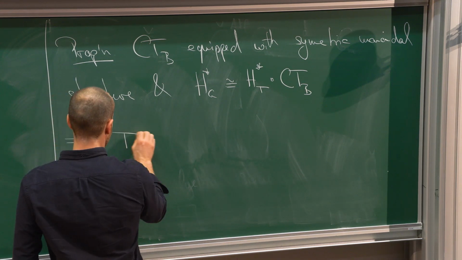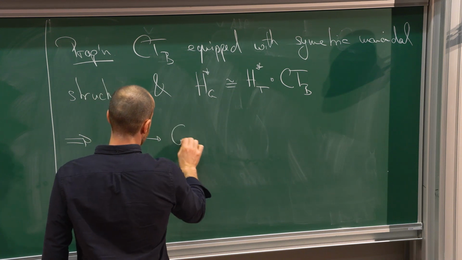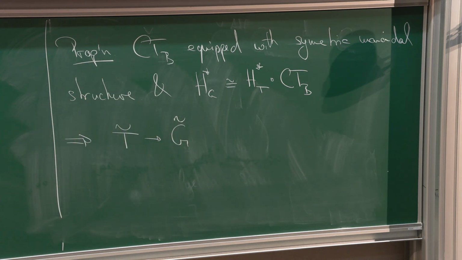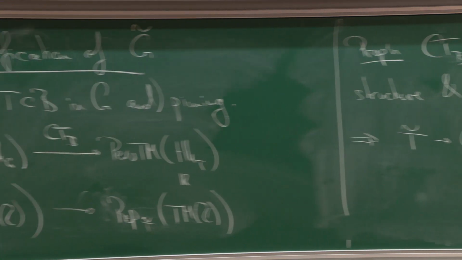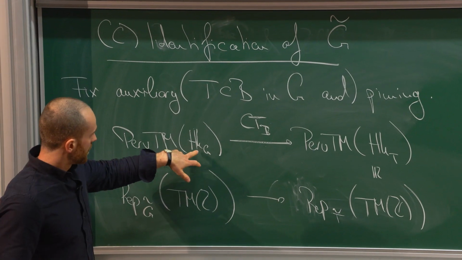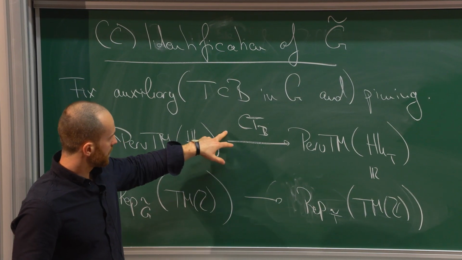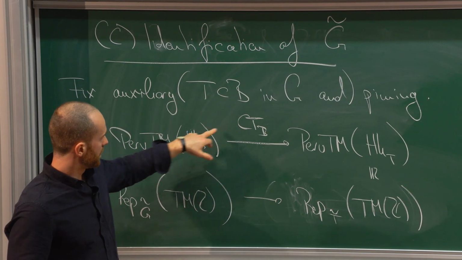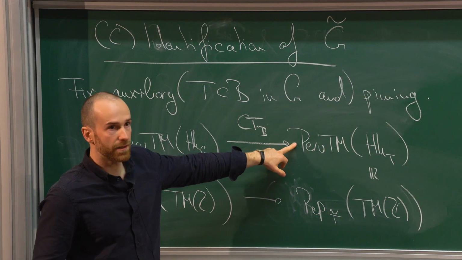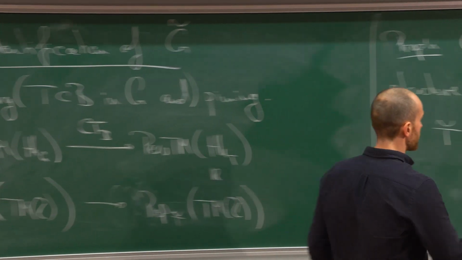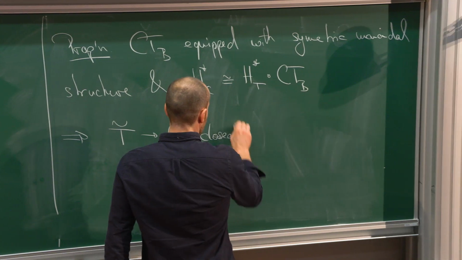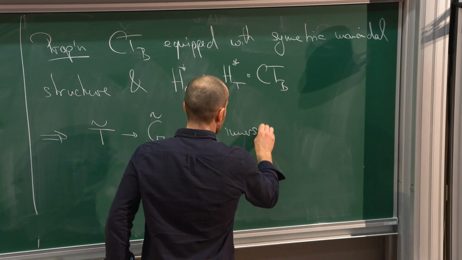What this gives you is that you get a map from T tilde to G tilde, and then there are some extra arguments. So basically, up to retracts, the essential image generates this category here, and so this will then be a closed immersion.